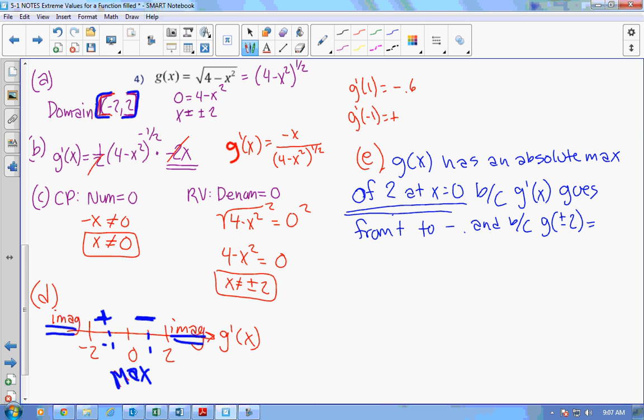Yeah. And because g of plus and minus 2 equals 0, which is less than g of 0. I would explain all of these things. You can say all of this stuff by EVT. You have to be very specific. Okay, I think that does it for the first derivative test.